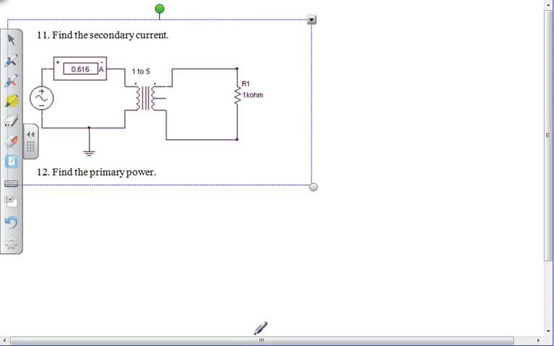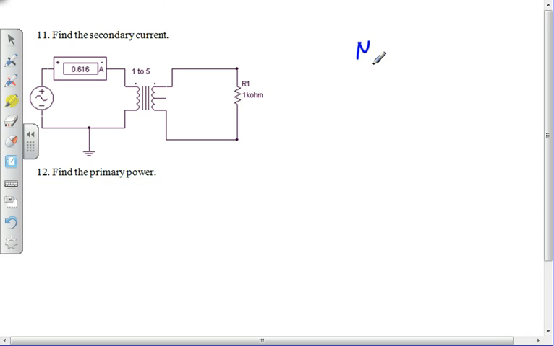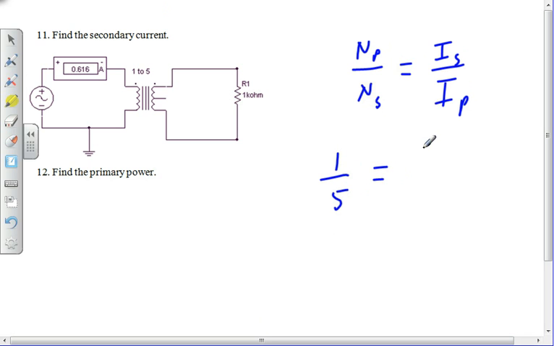Find the secondary current. Okay, so turns primary to turns secondary is equal to current secondary to current primary. All right, so I've got 1 to 5 is equal to, I don't know because I'm trying to find it, to 0.616 amps.